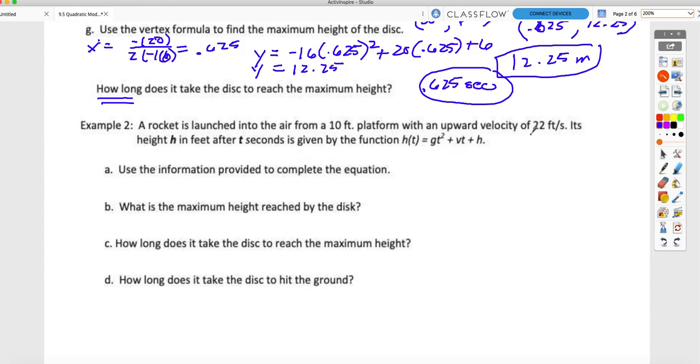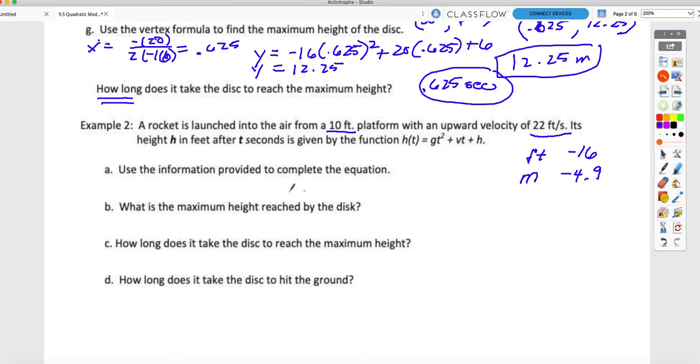So that's velocity. This says the platform was 10 feet high, so that's going to be my initial value, or my h. And you've got to remember this: if I'm doing feet, then my gravity is negative 16. If I'm doing meters, my gravity is negative 4.9.